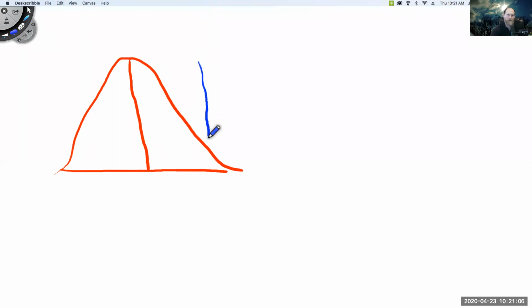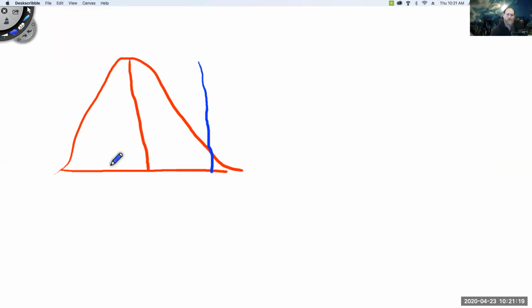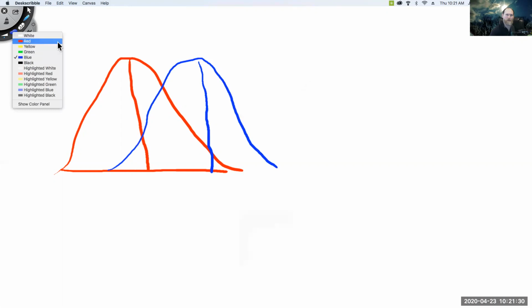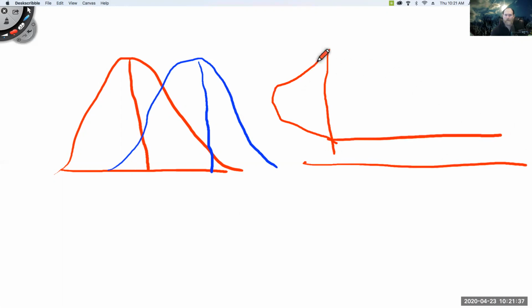My X chart should be able to pick up that this whole distribution has changed. And so, again, to reinforce how it does that, we take this red distribution, we turn it on its side, we line that up, and we determine these control limits.